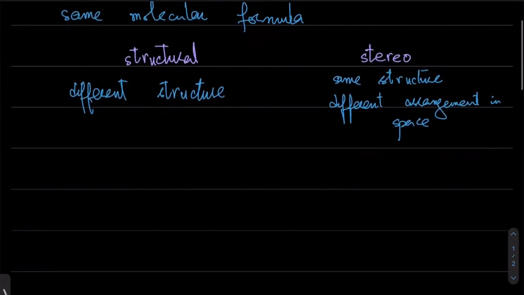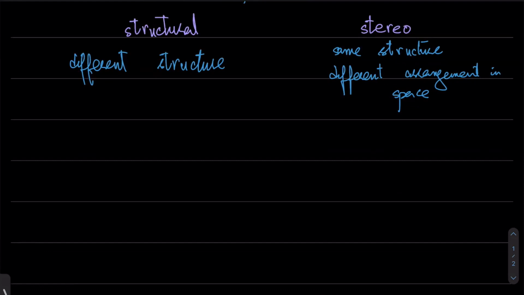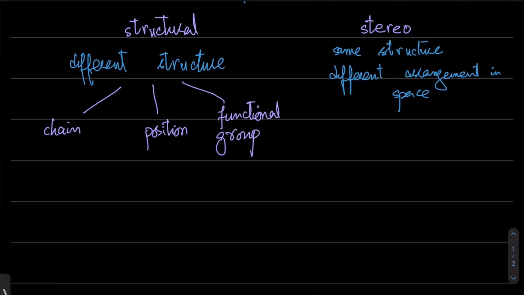These structural formulas come in 3 different ways. I can make chain isomers, और मैं आपको सिखाऊंगा कि क्या होते हैं वो. I can make position isomers and I can make functional group isomers. Those are 3 different ways I have. And in stereoisomers, I have 2 categories.